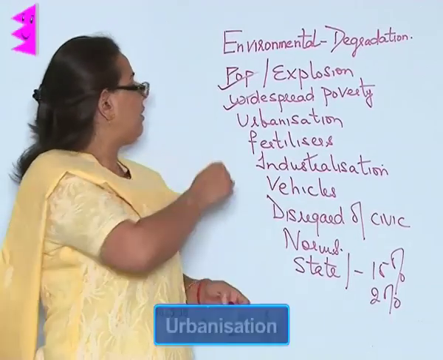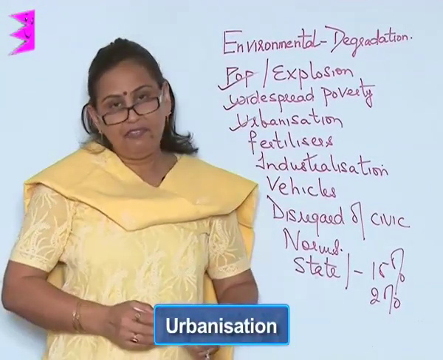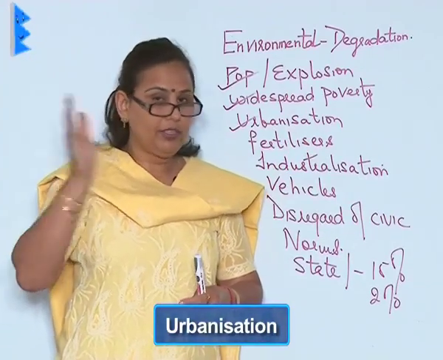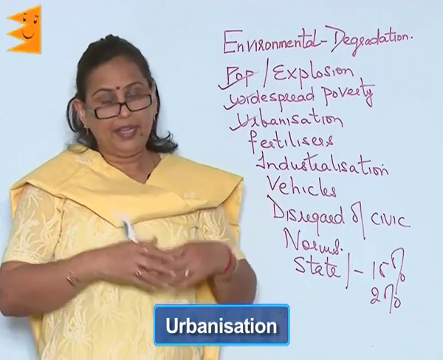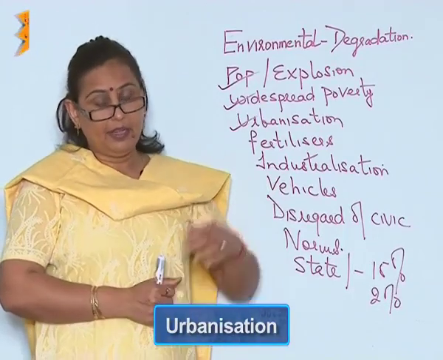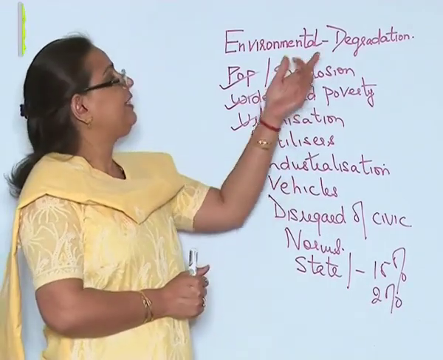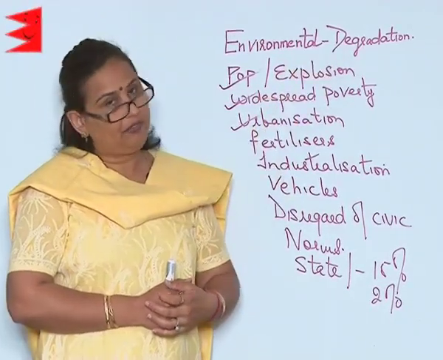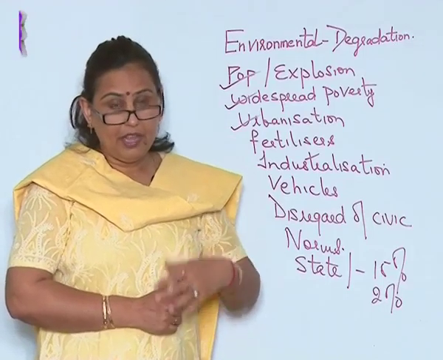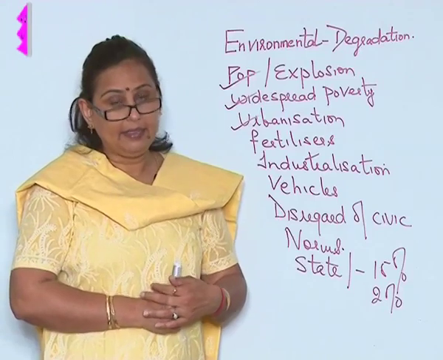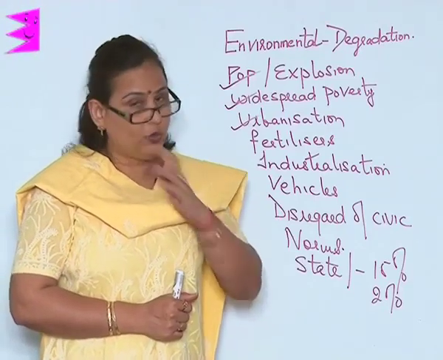Then we have the urbanization. With the fast growing urbanization, that is people moving from the rural to the urban areas, and the advancement in the urban areas, the building of infrastructure in the urban areas is leading to the degradation of the environment, because we start exploiting the environment at a pace at which we should not.